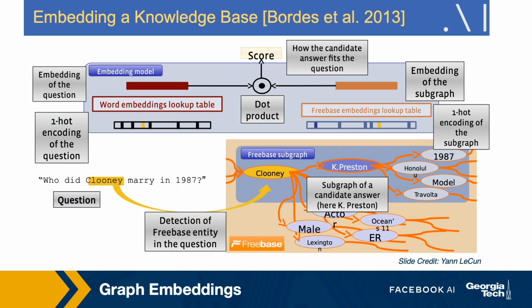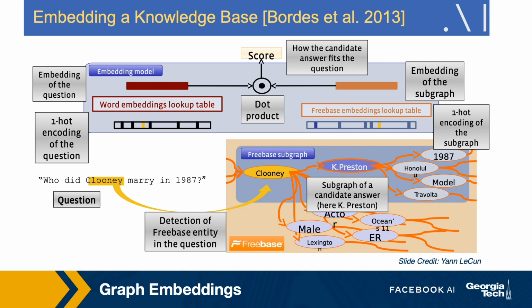What can we do with the learned graph embeddings? Here is an example from embedding a knowledge base. This is from Bordes et al. 13, the TransE model. We have a subgraph from Freebase with entities like Clooney, actor, male, and the relations between the entities. You can learn a graph embedding on the knowledge graph. Then for a question like, who did Clooney marry in 1987?